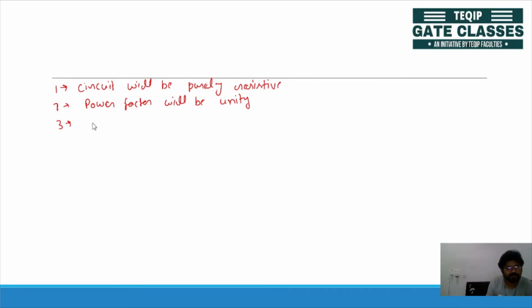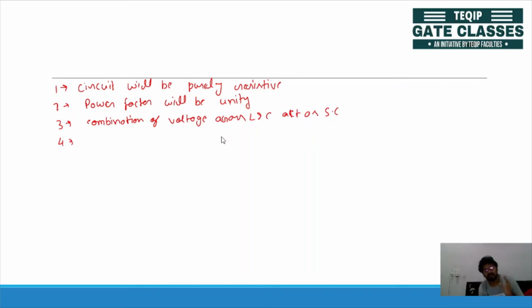Okay, so the combination of voltage across L and C acts as a short circuit. Okay, and fourth, if XL and XC are equal and your impedance is R only, then at resonance your impedance Z will be minimum.